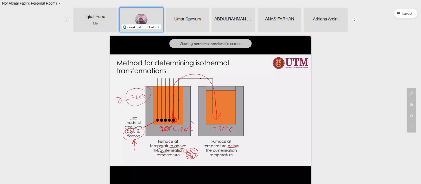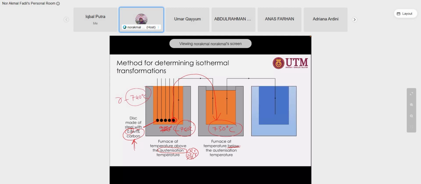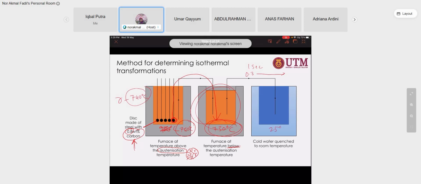So from 760 to 730 degrees Celsius, you put it into this furnace, and after, for example, 0.3 seconds or maybe 1 second, whatever the time, you need to run the experiment for a series of soaking times at this temperature before you quench into cold water at room temperature, 25 degrees Celsius.